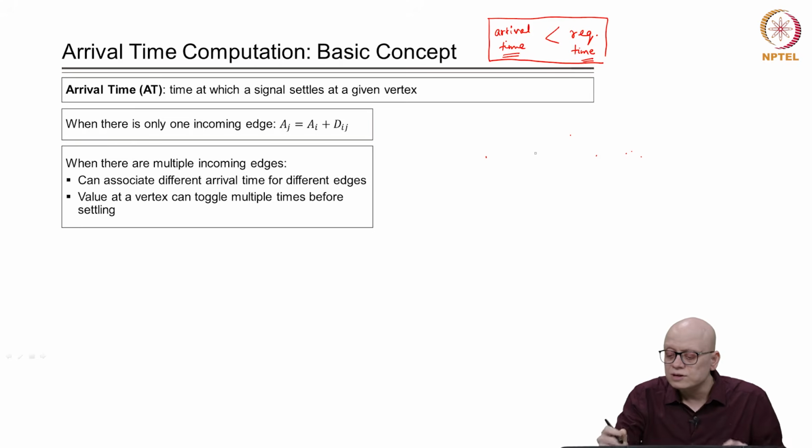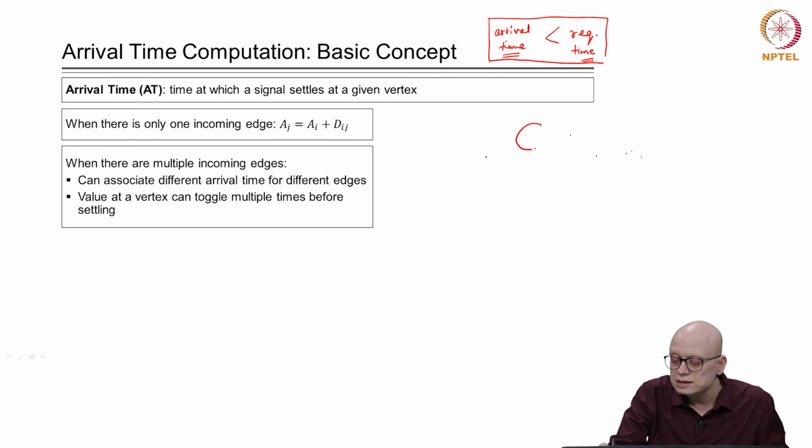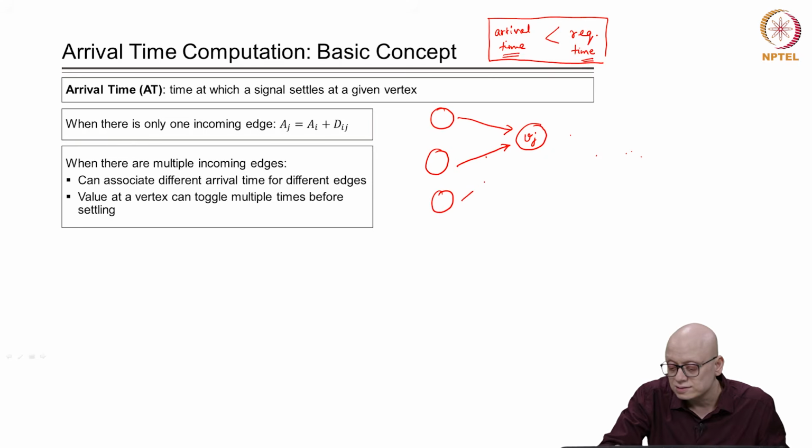Let us consider a vertex Vj, and suppose it has 3 incoming edges from 3 vertices.